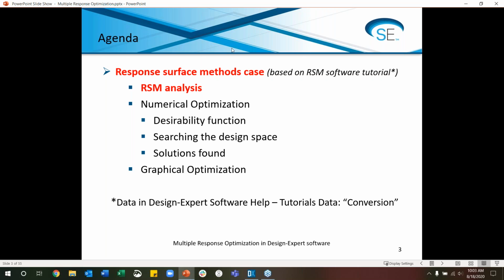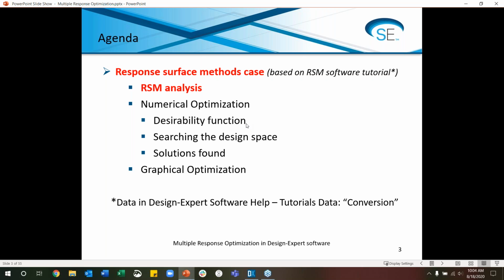So we are going to do a brief check of the RSM analysis to make sure it fits the minimum criteria needed to do an optimization. And then we will go through the basics of optimization, including the desirability function, how that works. That's often a kind of a black box mystery to people.